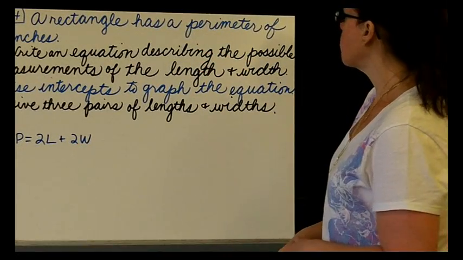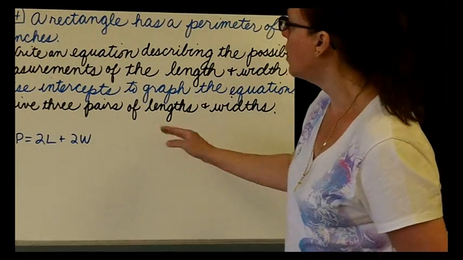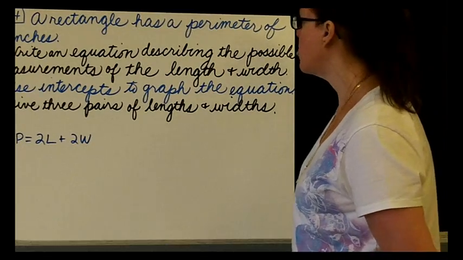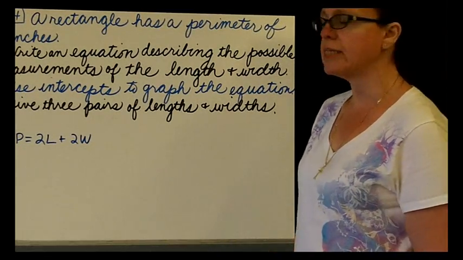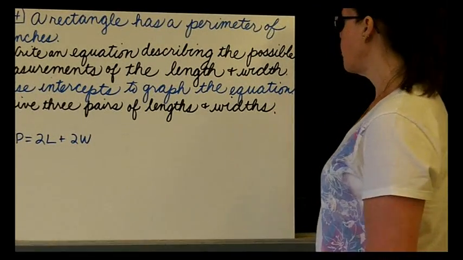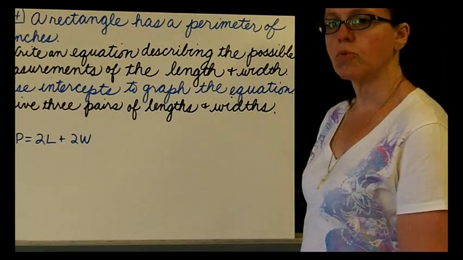A rectangle has a perimeter of 16 inches, and again, we have 3 things that we have to do. In part A, we have to write an equation describing the possible measurements of the length and the width that would give us a perimeter of 16 inches. Part B, we have to use intercepts to graph the equation. And then in part C, give any 3 pairs of lengths and widths.